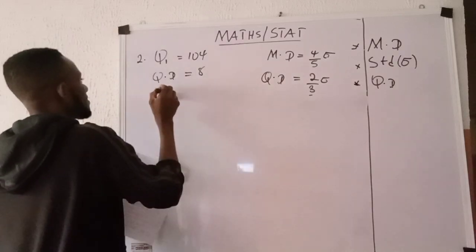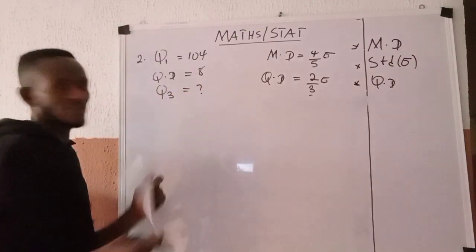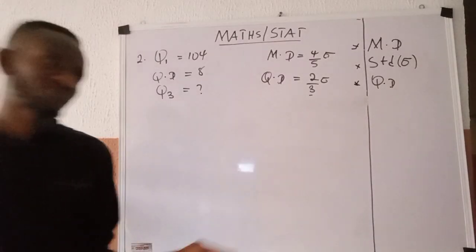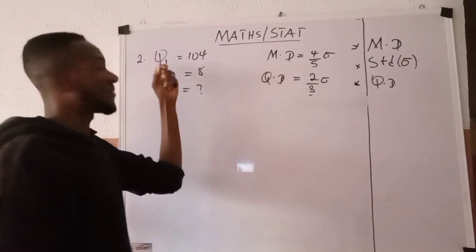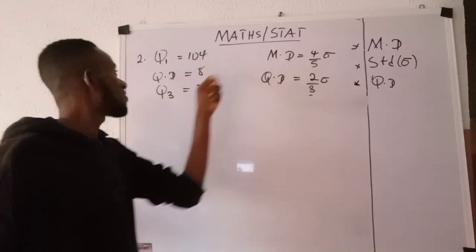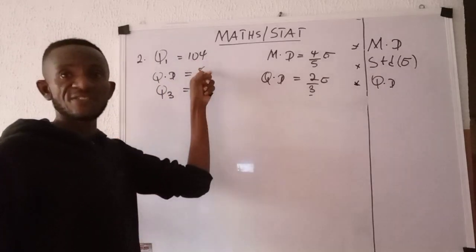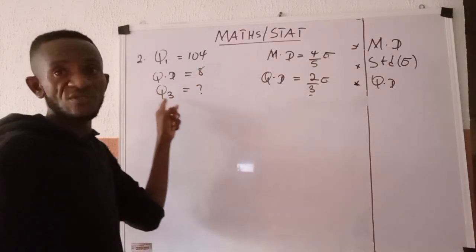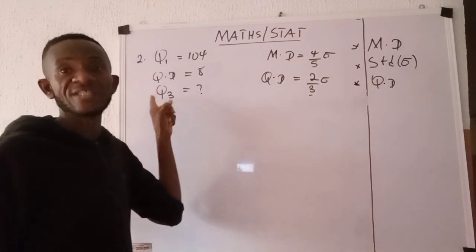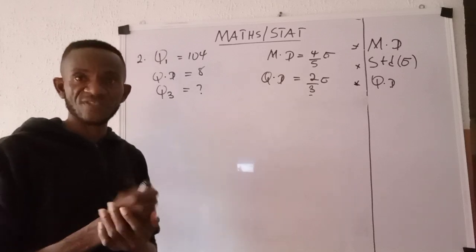They are asking me to look for Q subscript 3. That is to say, one is given the first quartile from a set of data to be 104, told that the quartile deviation is 8, and asked to find the value of the third quartile, Q3.